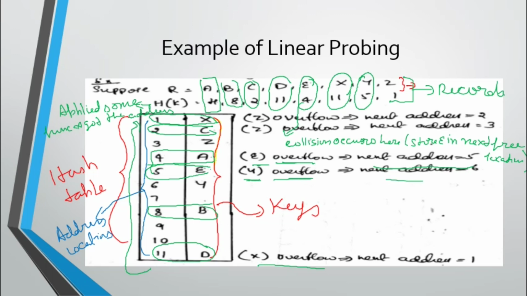So you put it in the next address, the sixth location. Now the last one, Z, I need to store in the first location, but first and second are already filled. So overflow happens two times, then Z is stored in the third location.